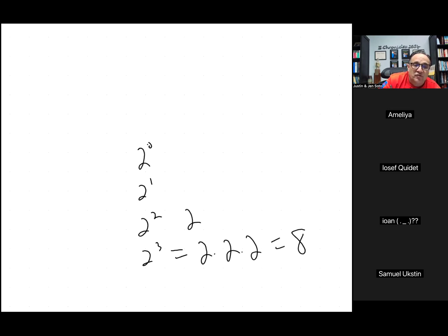Take the number 2. Okay, I'll go backwards. 2 to the third power is the same as 2 times 2 times 2, which is the same as 8. 2 to the second power is the same as 2 times 2, which is 4. 2 to the power of 1 is just 2 one time, which is 2. 2 to the 0 power is going to be the value of just 1 because any number to the 0 power is not 0.